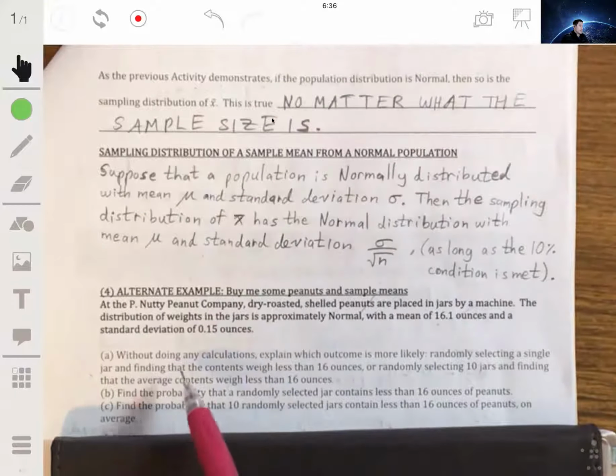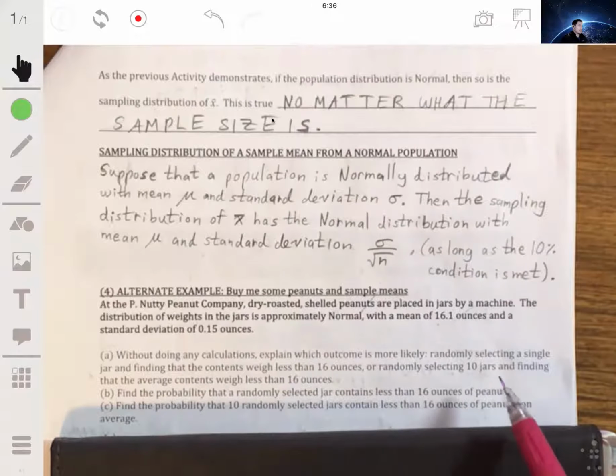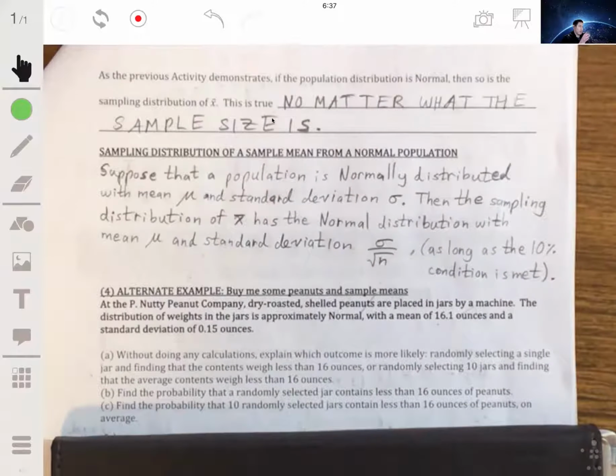Okay, so part A. Without doing any calculations, explain which outcome is more likely: randomly selecting a single jar and finding the contents weigh less than 16 ounces, or randomly selecting 10 jars and finding the average contents weigh less than 16 ounces. Would it be more likely that you could just grab one random jar and it would weigh less than 16 ounces?